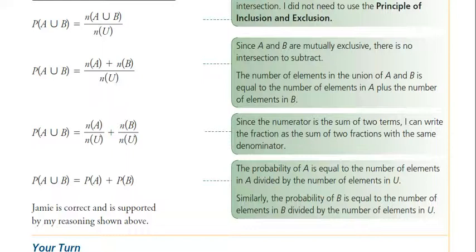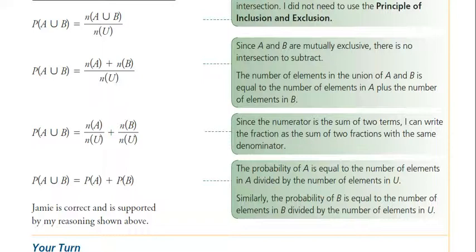You could split this out as a fraction and write it as n of A over n of U plus n of B over n of U. This has a common denominator. Number of A over the number in the universe is actually the probability of A. So that's a derivation of the formula. Where does this formula P of A union B equals this come from? Here's where it comes from, using the numbers.